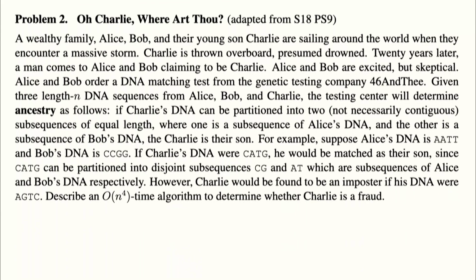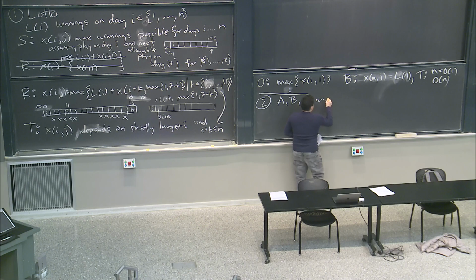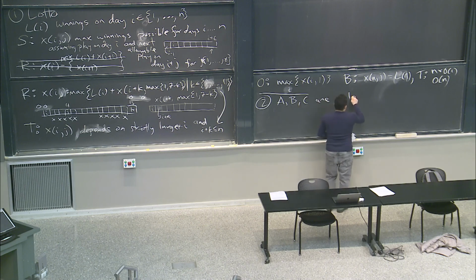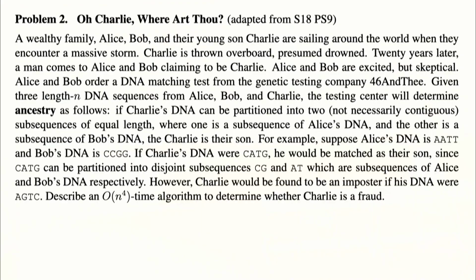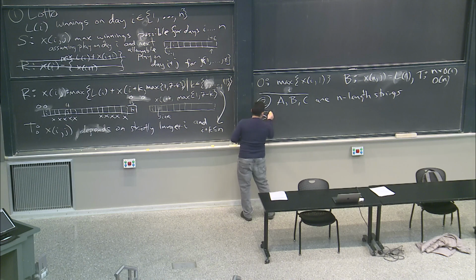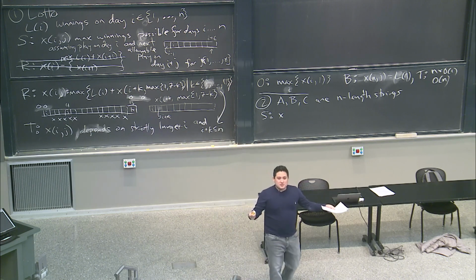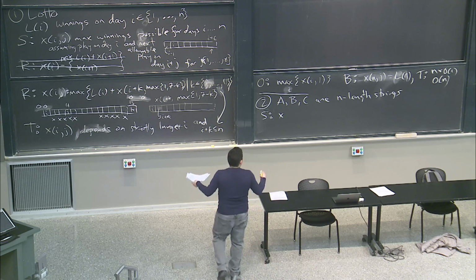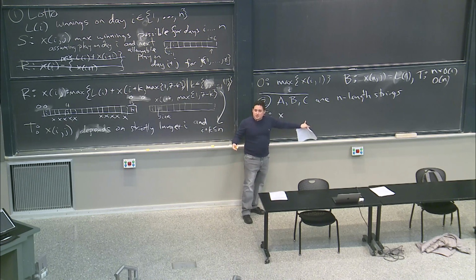So let's get some notation here. A, B, and C are n length strings, right? So what could I do? Let's define some subproblems. If I were to go via longest common subsequence, I might keep track of an index of a suffix or prefix of each one of these strings, right?